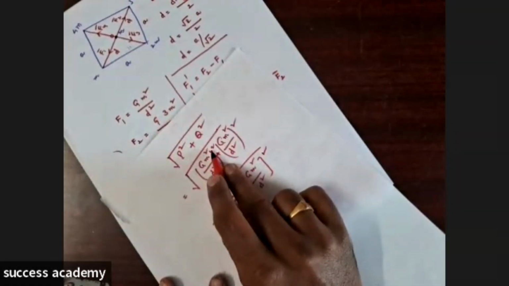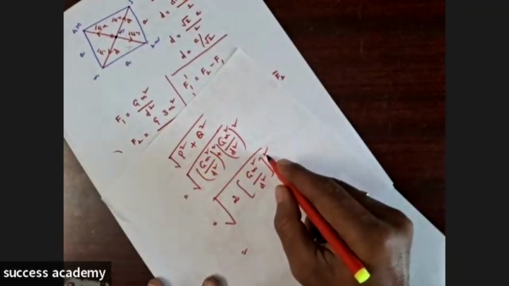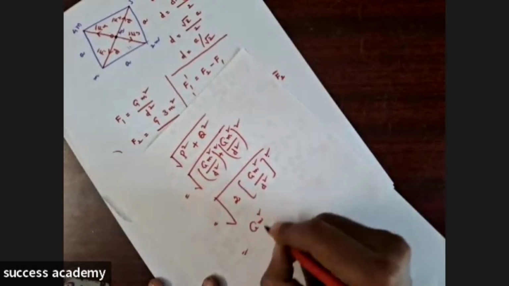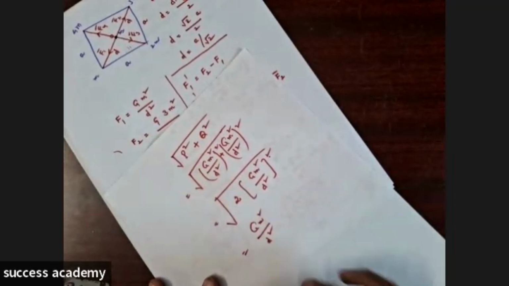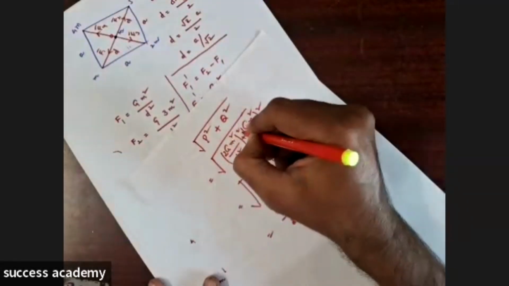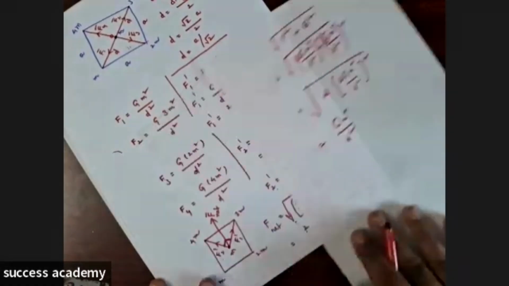Why? Because for everything square is present, whole square is present. If you take out the square root, this square, then that is gm square by d square. Now in this 2 we have 2gm square by d square, here also 2gm square by d square.